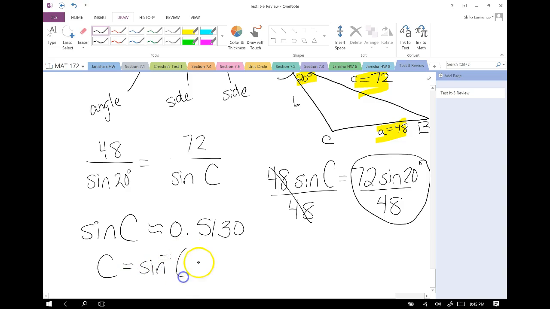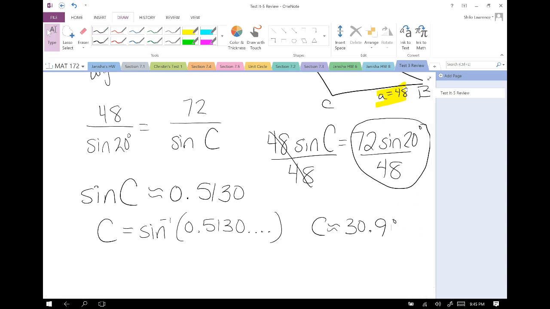But keep the full decimal on your calculator screen when you do it. Don't estimate it. So I'm going to say sine inverse of the previous answer. And I get C is about 30.9 degrees. Now the problem is, and the way that we could possibly get two answers, is sine is positive in quadrant 1 and quadrant 2.